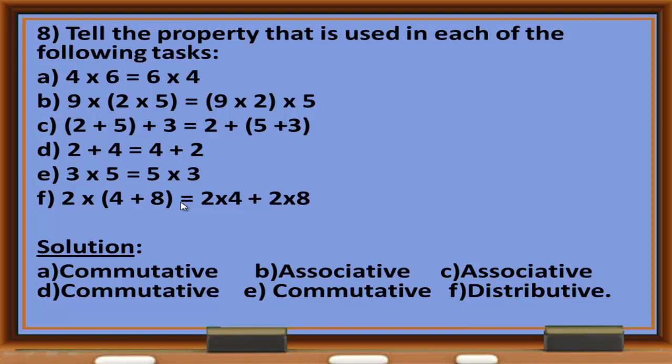C is also about brackets, associative property of addition. D, 2 plus 4 is equal to 4 plus 2. Order is only changed, therefore it is commutative property of addition. E, also commutative property. F is distributive property.